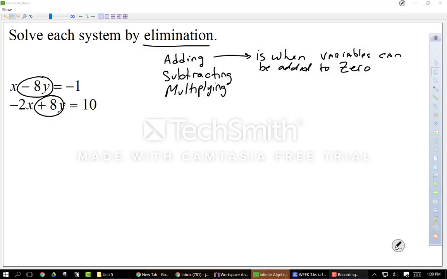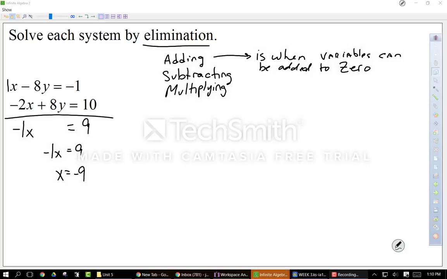So this instance is going to be solved by addition. Let's add these two together. 1 minus 2 is negative 1x. Negative 8 plus 8 is 0, so I don't write any y's. Is equal, negative 1 plus 10 is 9. So I have negative 1x equals 9, so x equals negative 9.